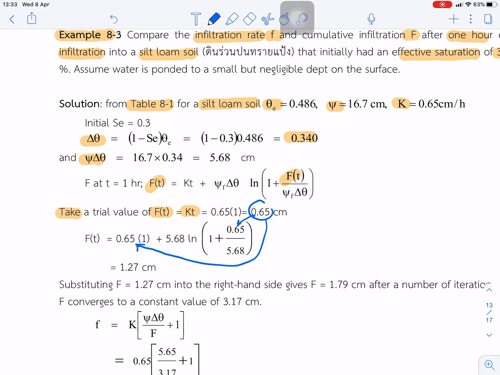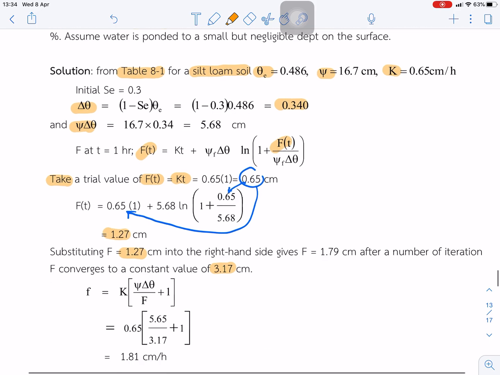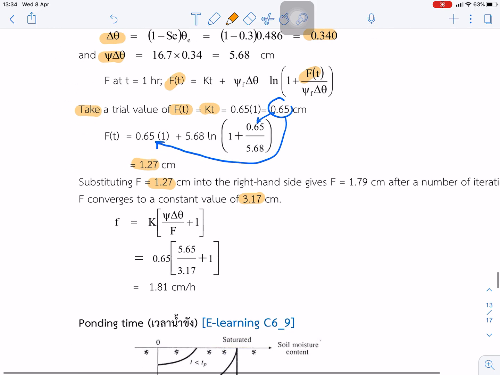So we got the new F, 1.27, and we do it again, substituting 1.26 on the right hand side and seeing what we get on the left hand side. After many iterations, we got about a constant at 3.17, and next we substitute in this equation, we got the infiltration rate is about 1.81 centimeter per hour.